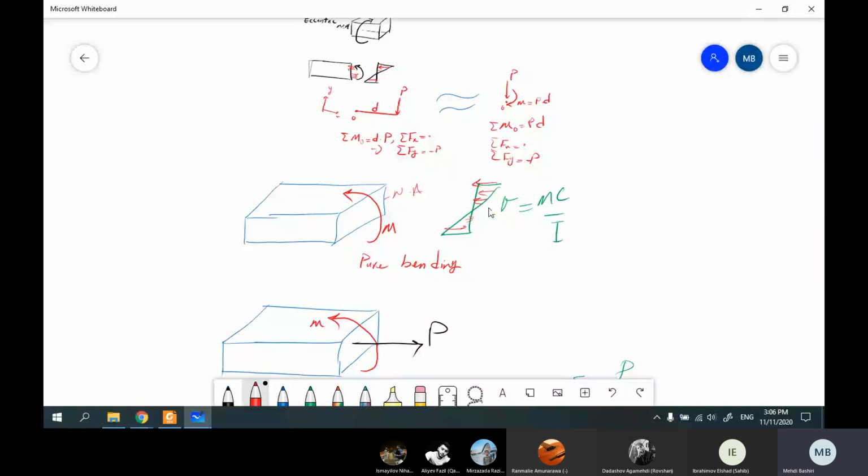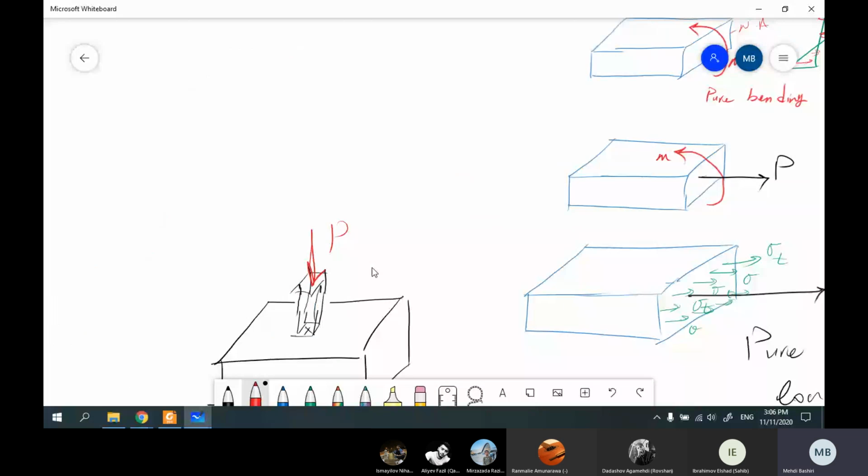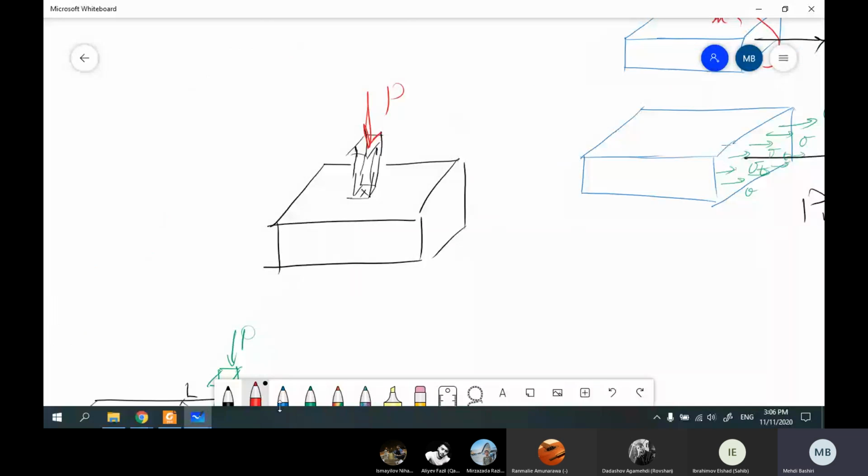So for each of these cases, we have a different equation. If I want to find the stress distribution below this one, it is obvious, because the force is at the center of this foundation, that the stress is uniformly distributed.